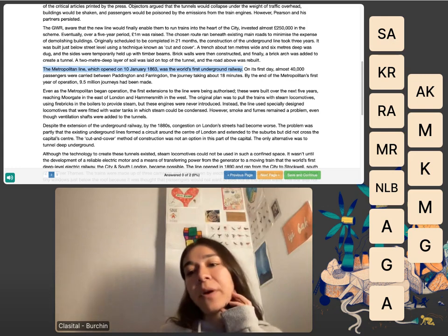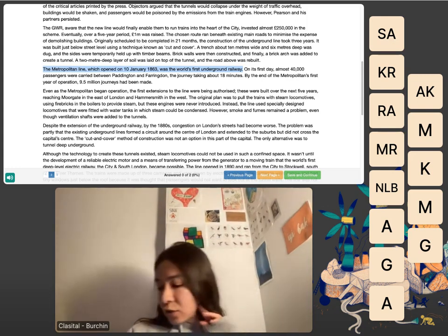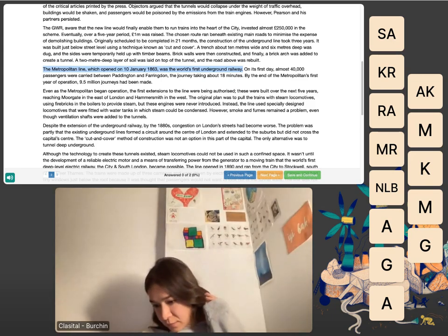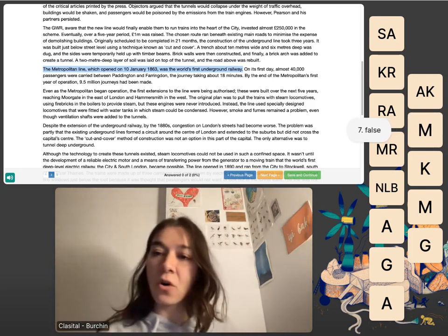Other countries had built underground railways before the Metropolitan Line opened. So what do you think about that one? Is it true, false, or not given? False.